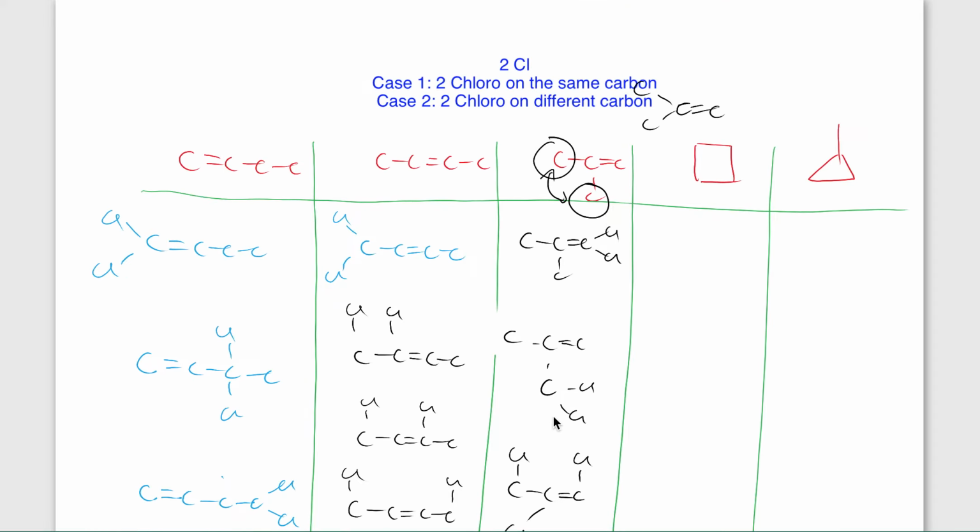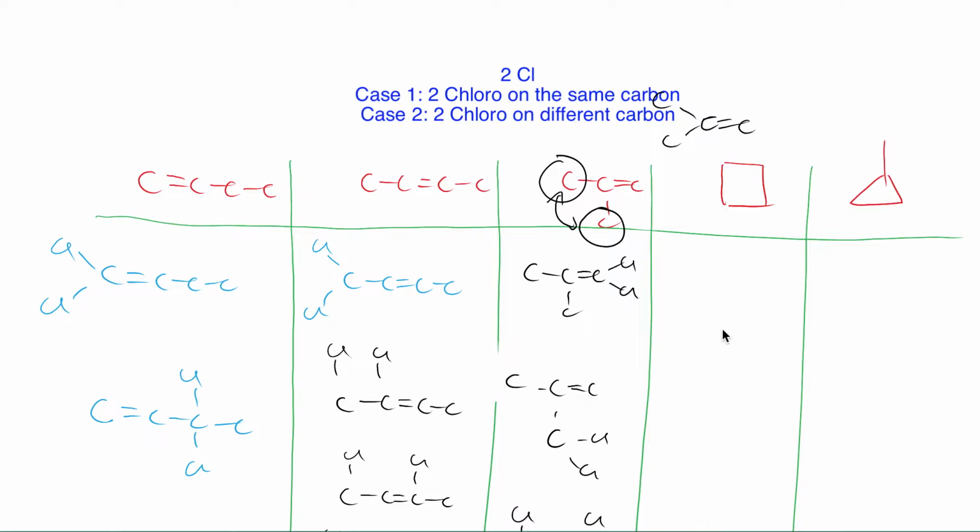Now let's have a look at this squared one. Again, we can put the 2 chlorines on the same carbon. But in this case, it doesn't matter which position you put them, they're all exactly the same.